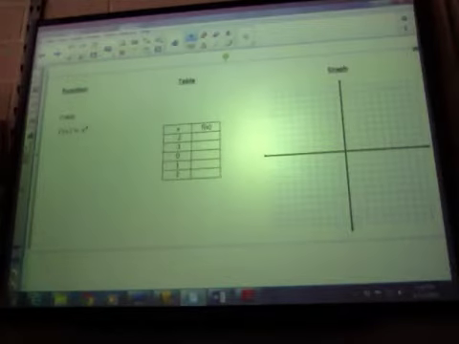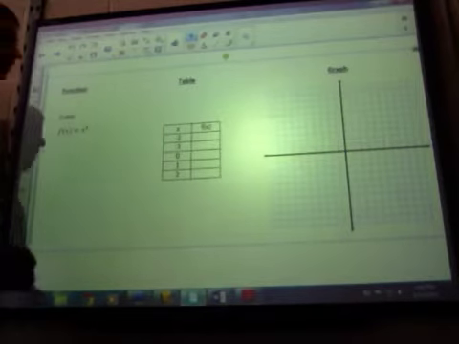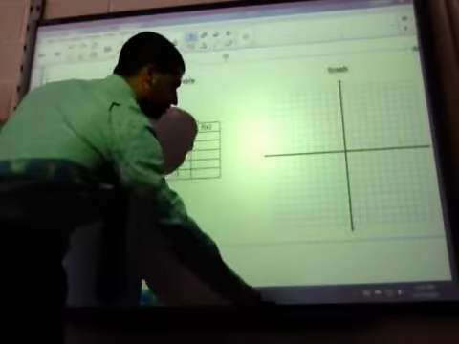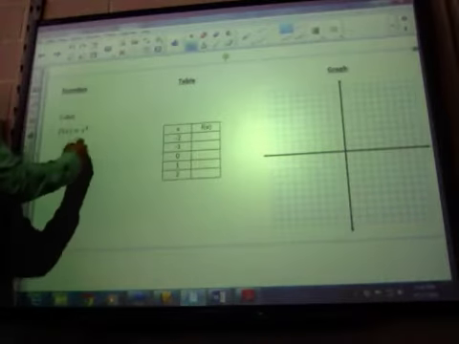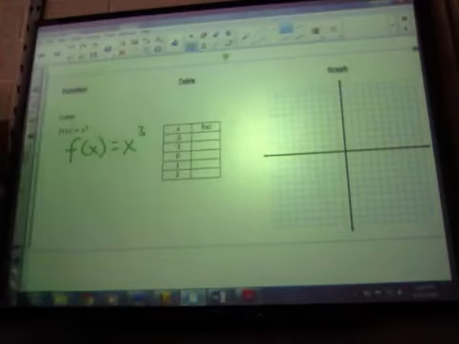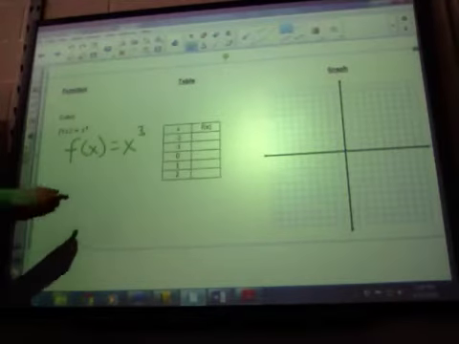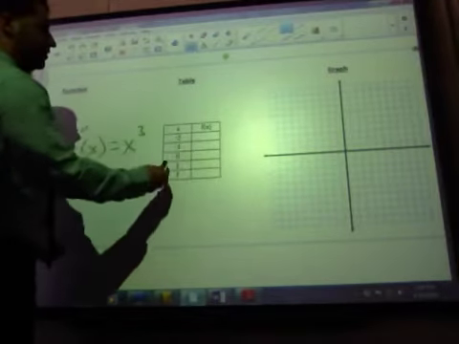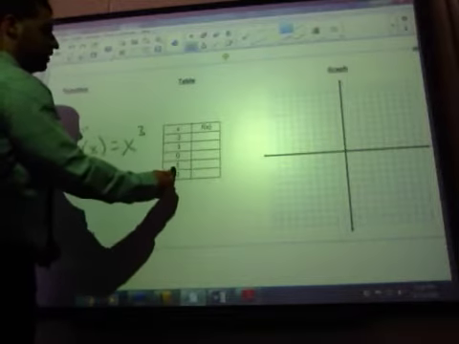So the next one we'll look at is a cubic function. If the quadratic function is squared, the cubic one is cubed. So whatever number you put in, you do it to the third power. Our table is -2, -1, 0, 1, and 2.